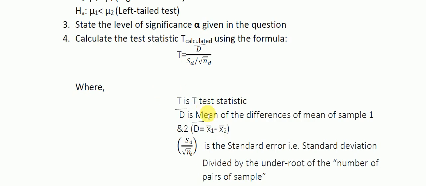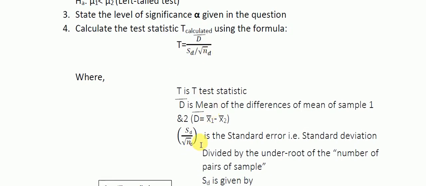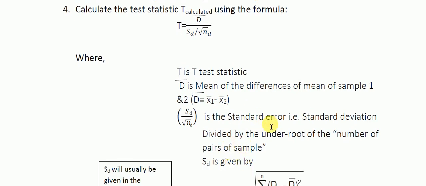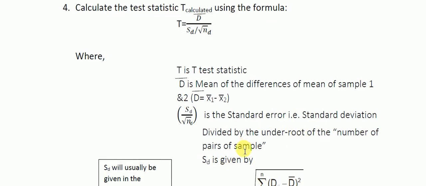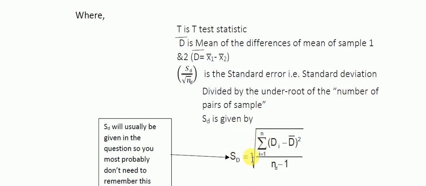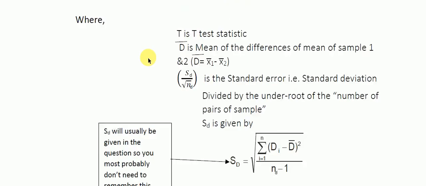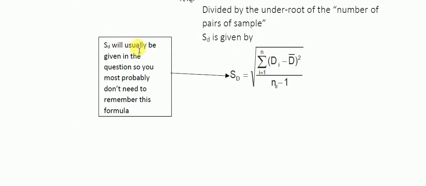And then this thing, s_d over under root n_d, is the standard error, that is, standard deviation divided by the under root of the number of pairs of sample. s_d is given by this thing. So normally, as we have already discussed, s_d will usually be given in the question, so we most probably won't have to remember this formula.